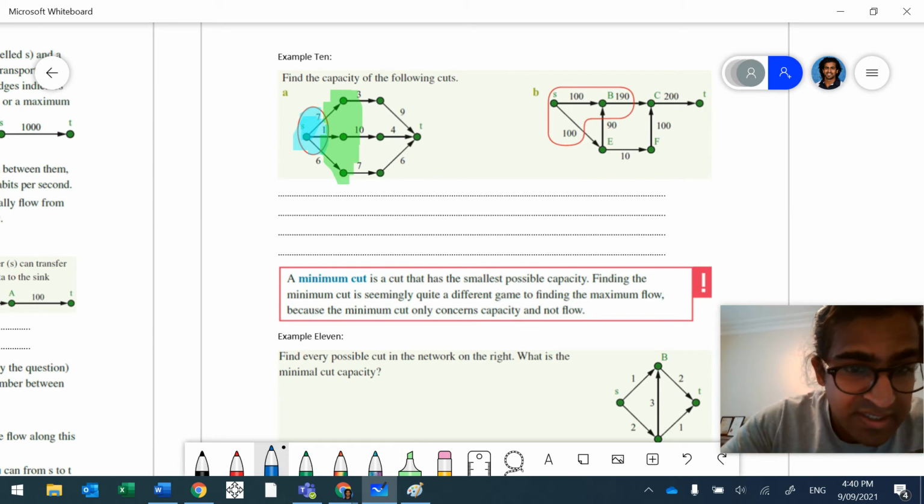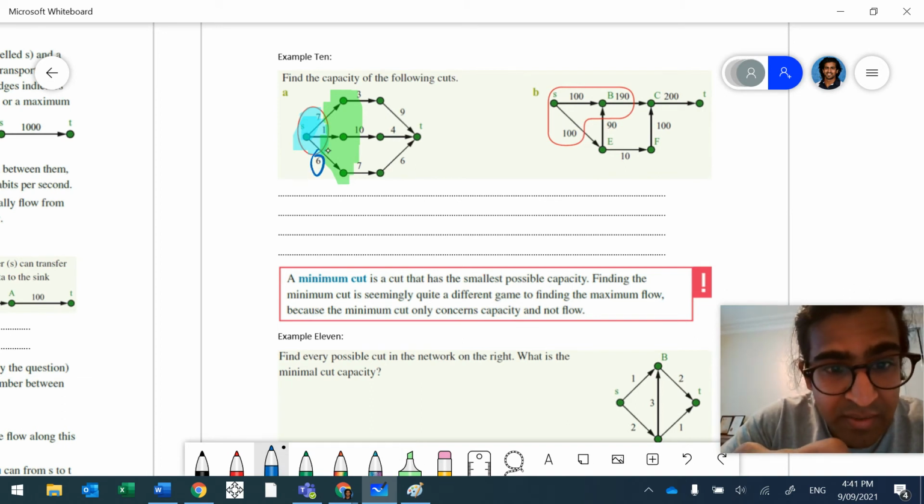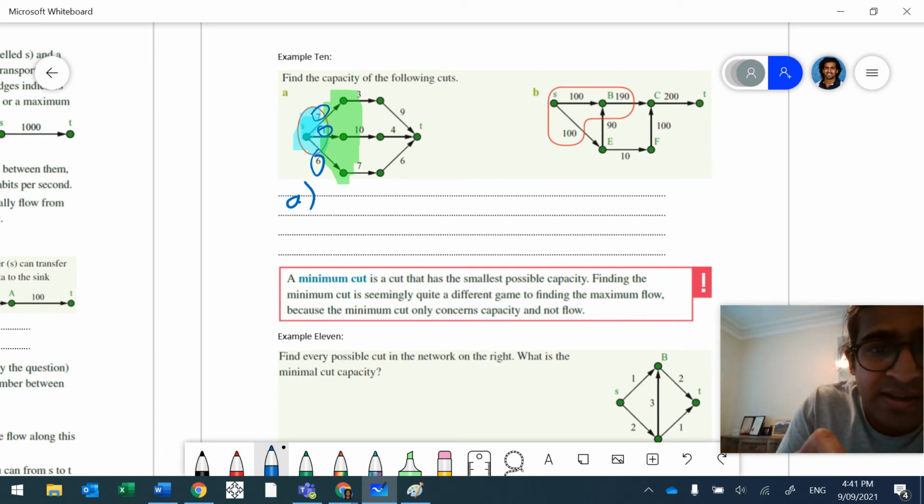So we can see this one represents that by the arrow, goes from the source to the sink. The arrow goes from the source to the sink for this one, so we can add that one. And the arrow goes from the source to sink for that one, so we can add that one. So the cut capacity for A, 6 plus 1 plus 7, is going to be 14.